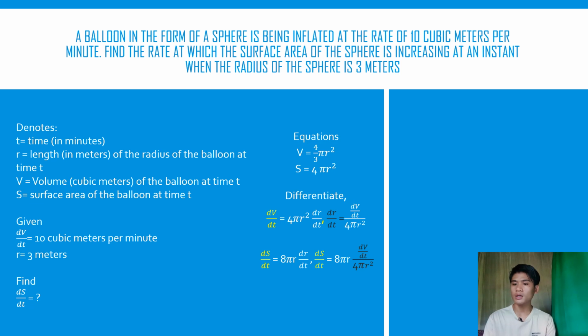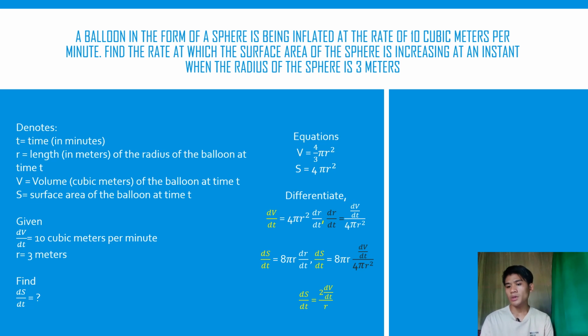We just combine the dr/dt with the differentiation of the surface area formula, and we came up with this formula that we can use in finding the derivative of the surface area with respect to time, which is 2 dV/dt all over r, the radius.